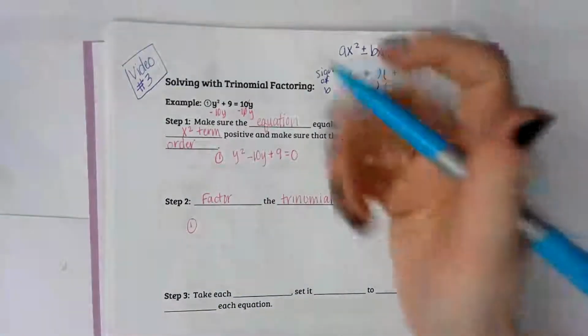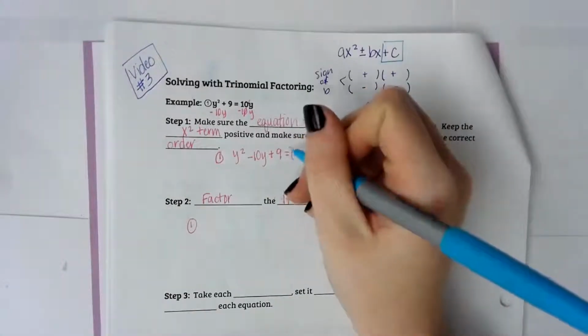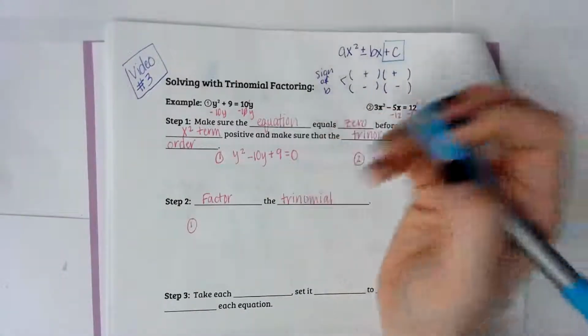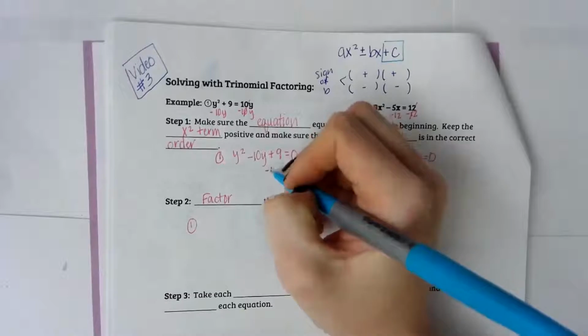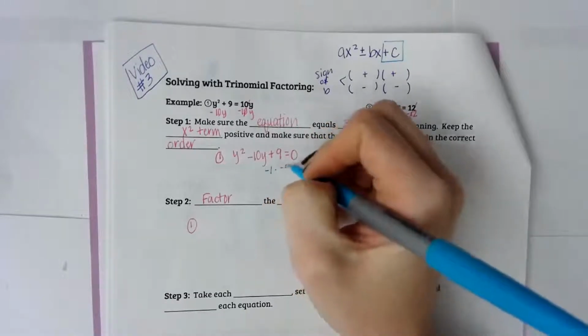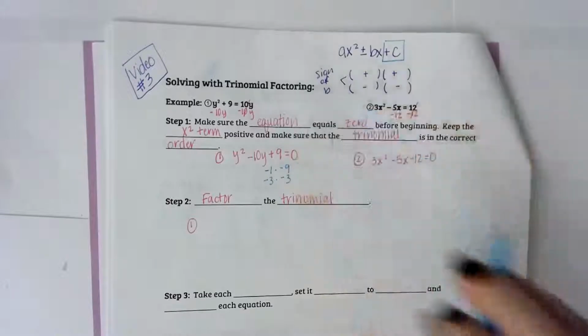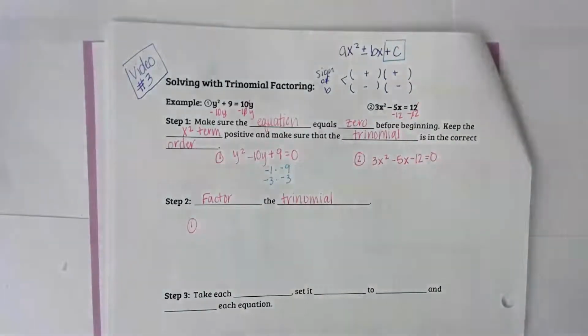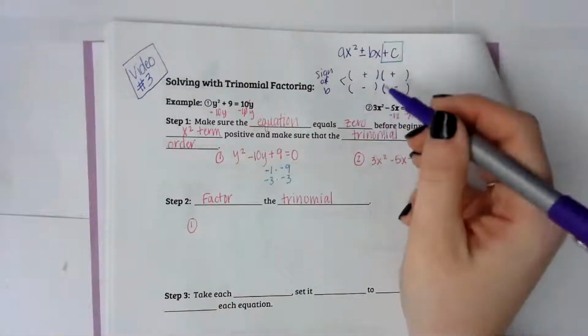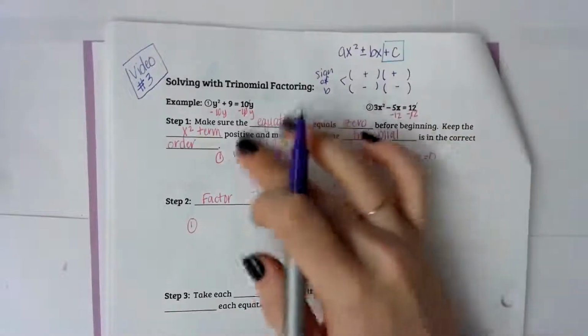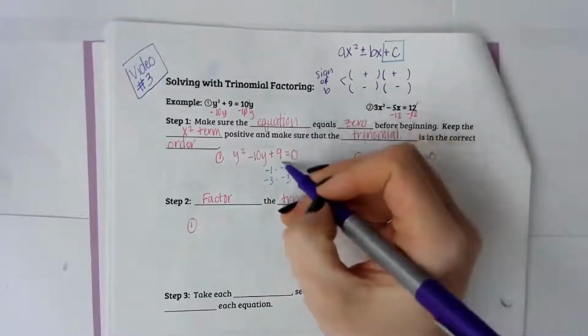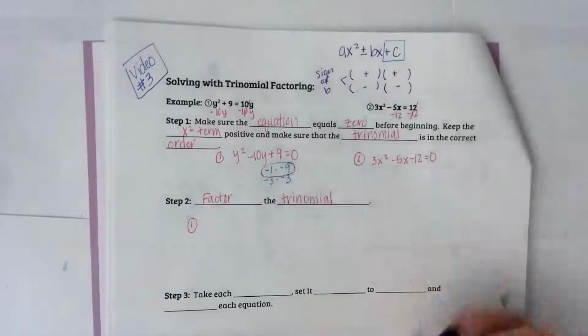So I'm not even going to bother putting 1 times 9 because those are both positive. So I want to put the negative 1 times the negative 9 and the negative 3 times the negative 3. And I got to pick which one works with this up here and adds up to our negative 10, which is going to be the negative 1 and the negative 9.